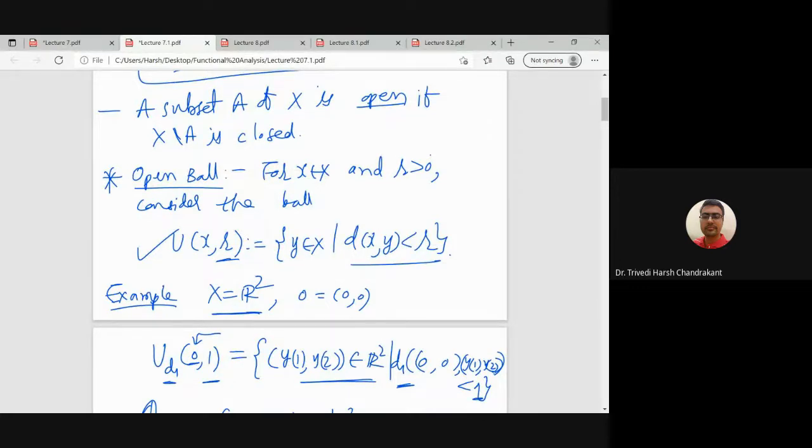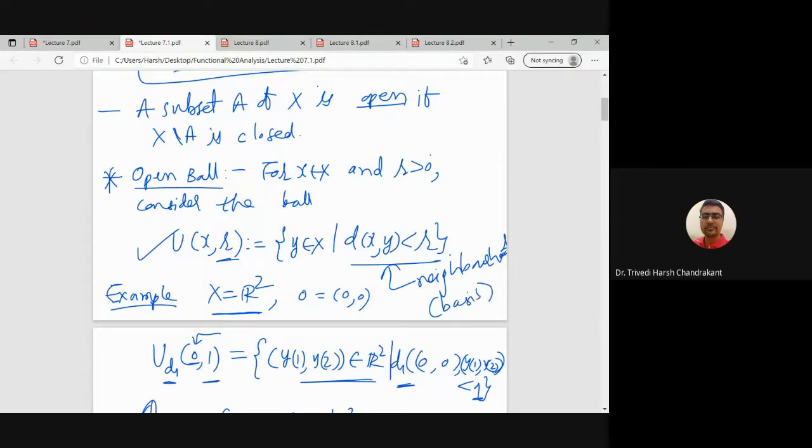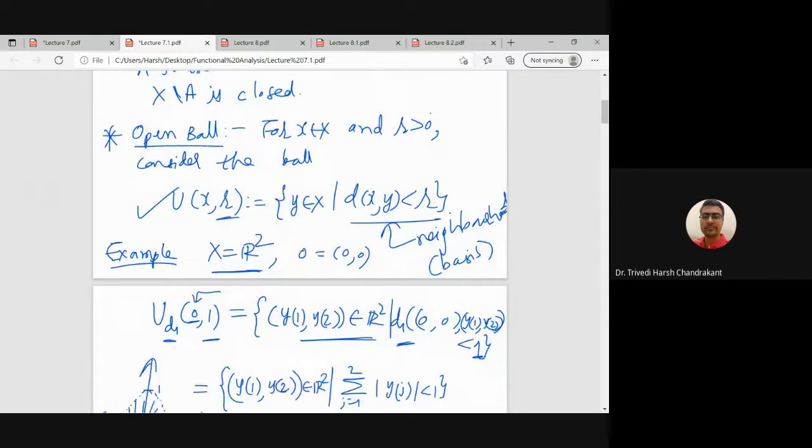So basically this is a neighborhood. Right? And in terms of topology, these are the basic open sets, like intervals. Here we have open balls, the open disk in R2.